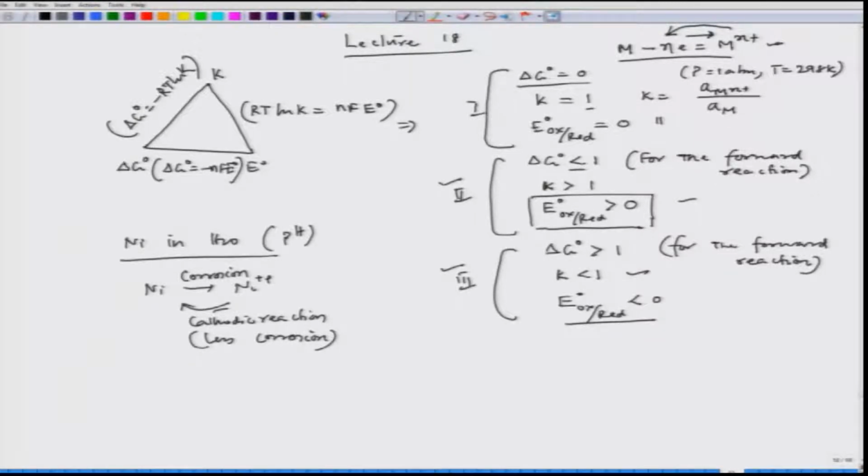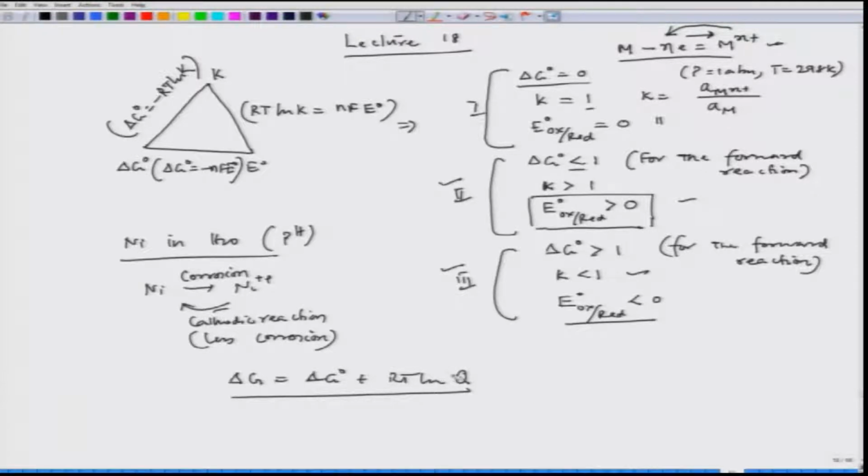So, at that time we have to consider the non-standard situation. In the non-standard situation, we have a similar kind of analysis. So, we have to consider this equation. It is Q, or the activity quotient.